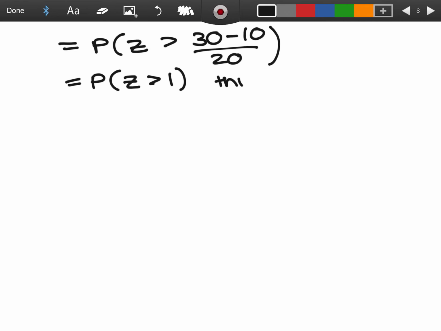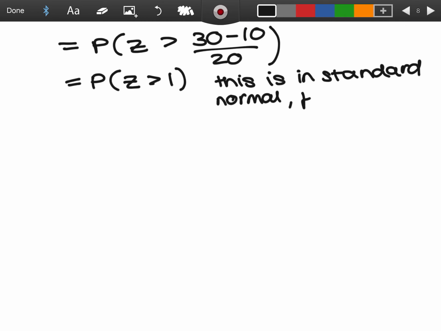I am now in standard normal. So I now know that I've got a mean of 0 and a standard deviation of 1. I have pulled the whole graph back to a mean of 0, and I have either stretched or squished the curve, so now I have a standard deviation of 1.